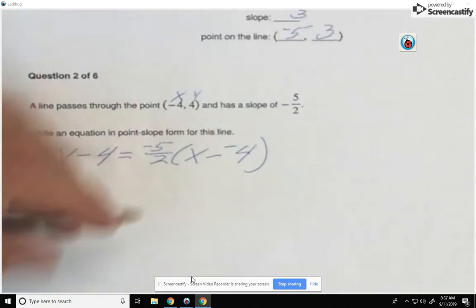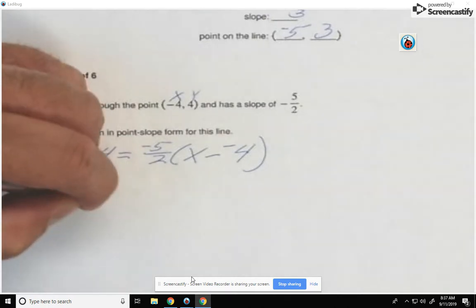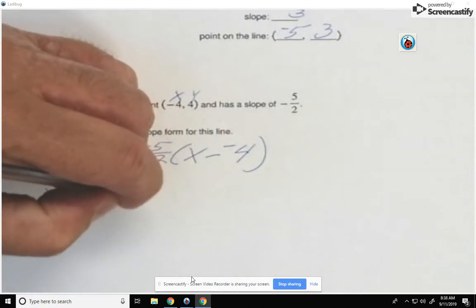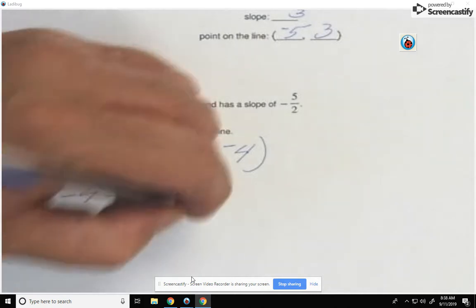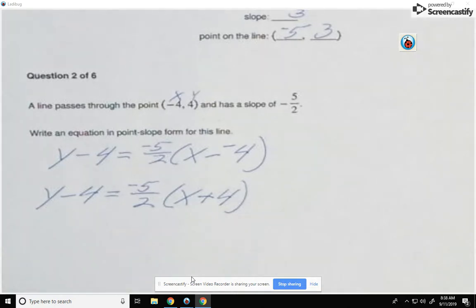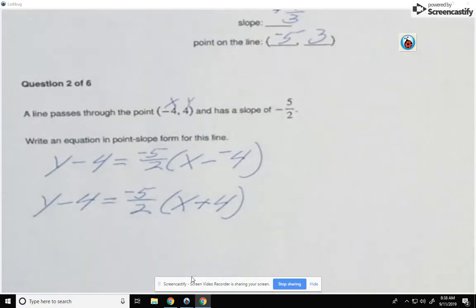Now, to finish this out, we have minus negative 4, and minus a negative is the same thing as plus, so we change this to x plus 4. So this would now be our correct equation.